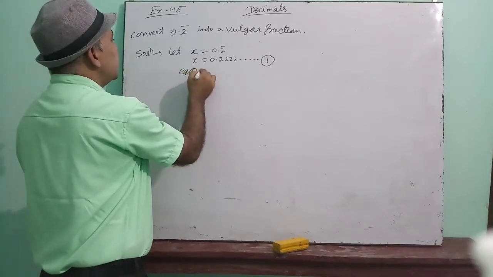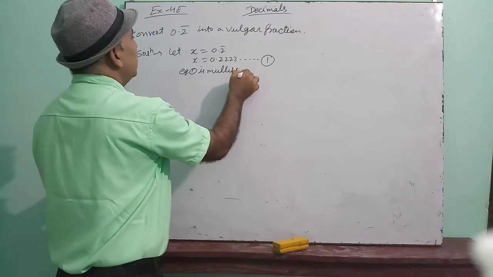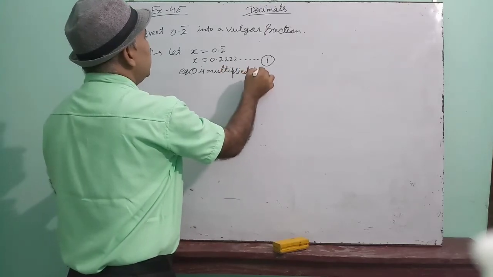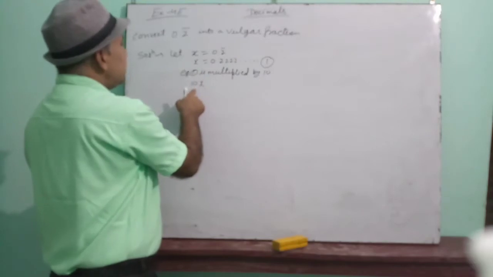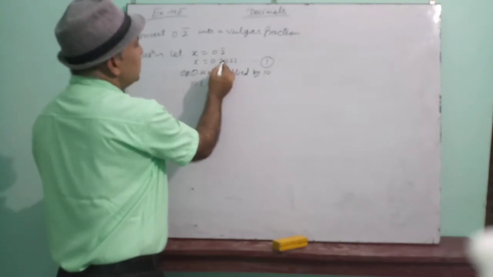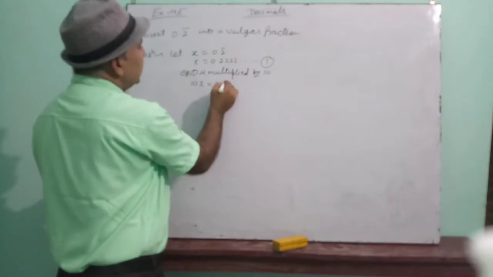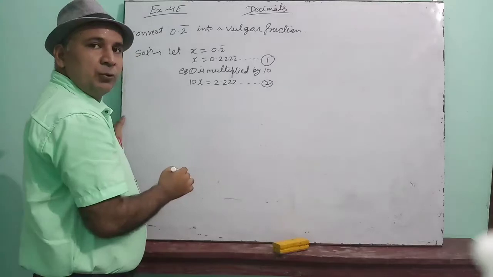So this equation 1 is multiplied by 10. Then it will become 10x. And when it is multiplied by 10, decimal will shift one digit to the right hand side. Then it will become 2.22. It will become equation 2.